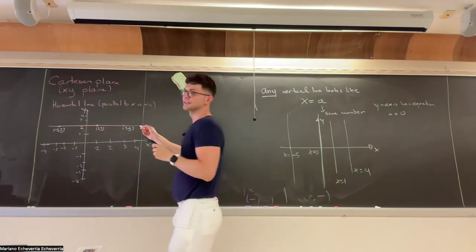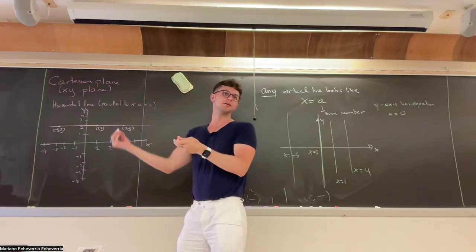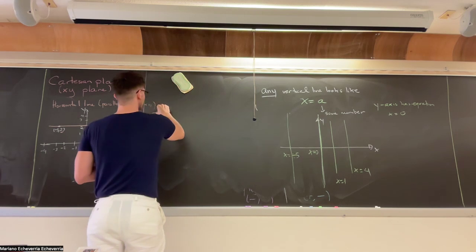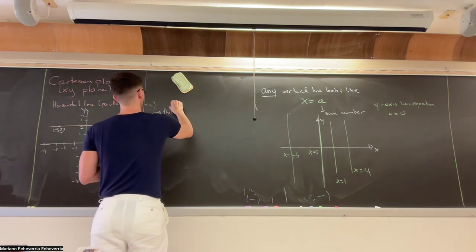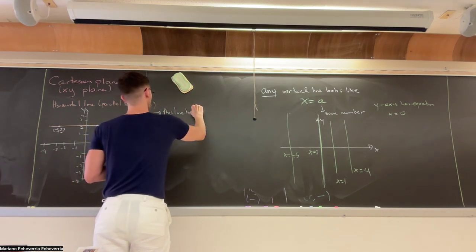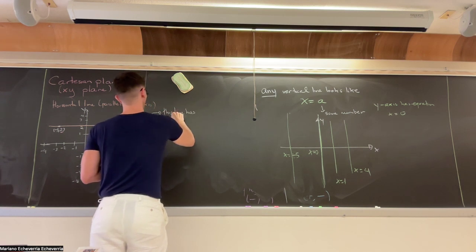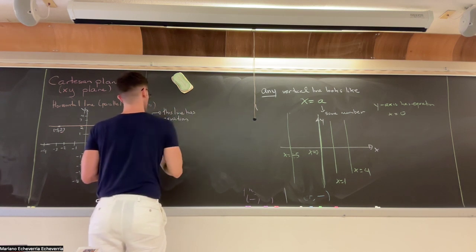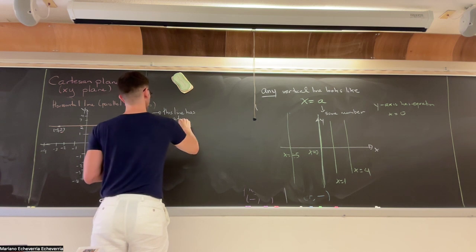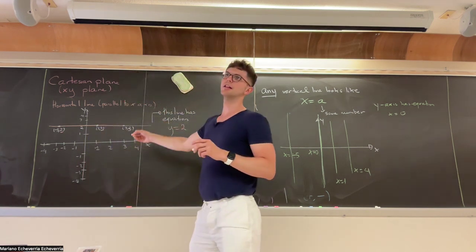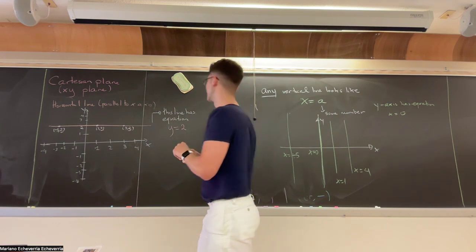So you want to say that this horizontal line has equation y equals 2, because every point on the line has a second coordinate equal to 2.